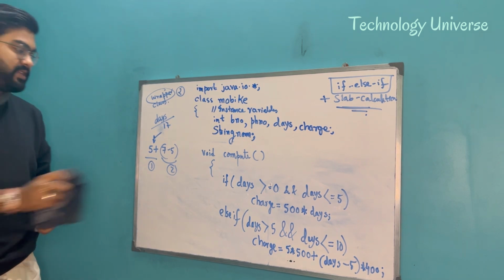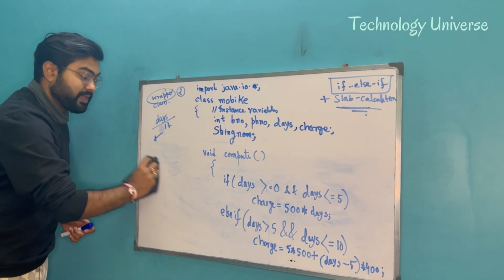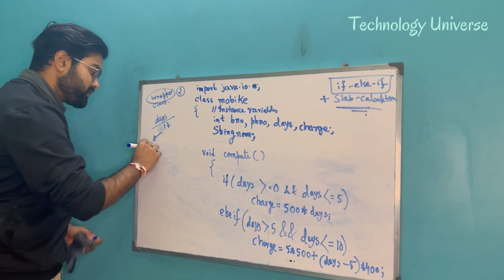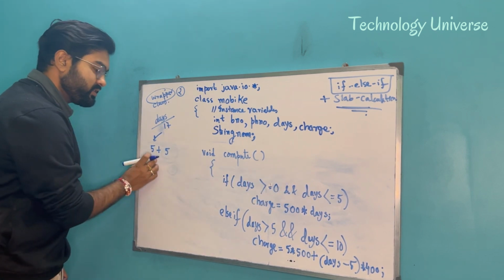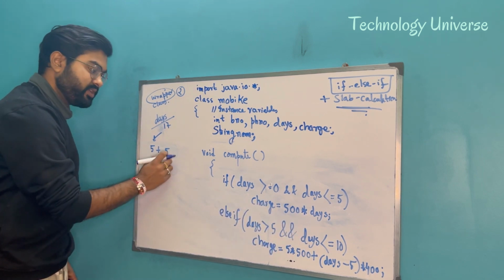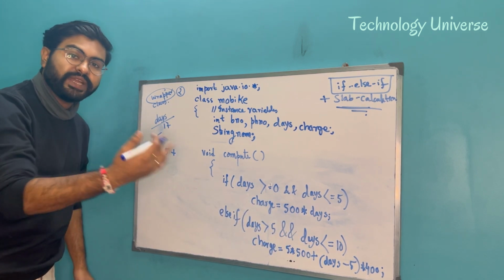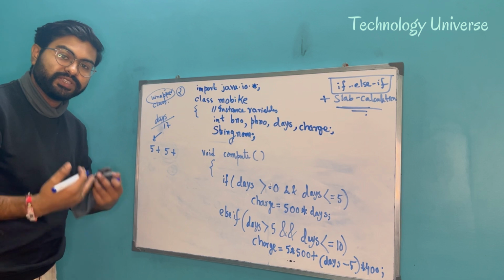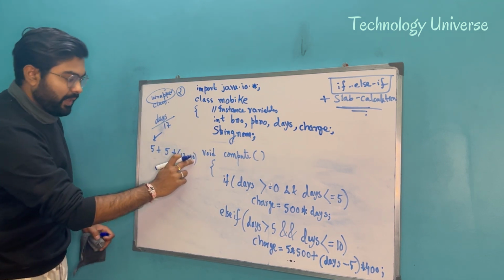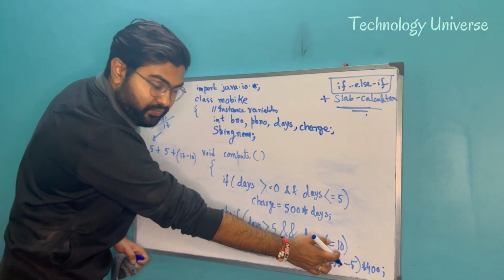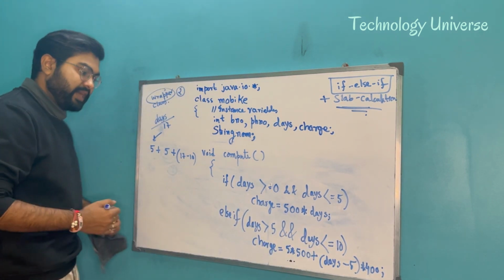If my number of days is above 10, then I have the first 5, yes. I have the next 5 also. 0 to 5 lies, 5 to 10 also lies here. Now the above part, more than 10: how much is remaining? That is 17 minus 10, the upper bound of the previous else if statement. So that is how we are going to do it.